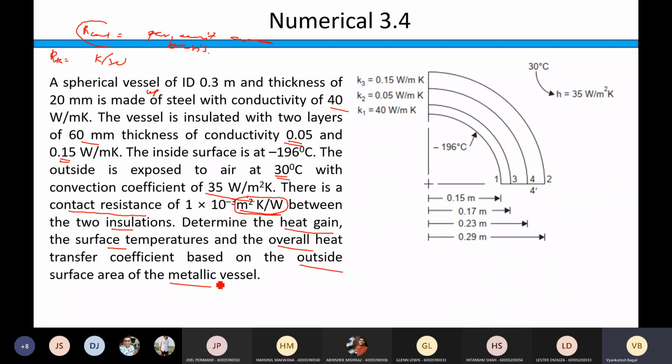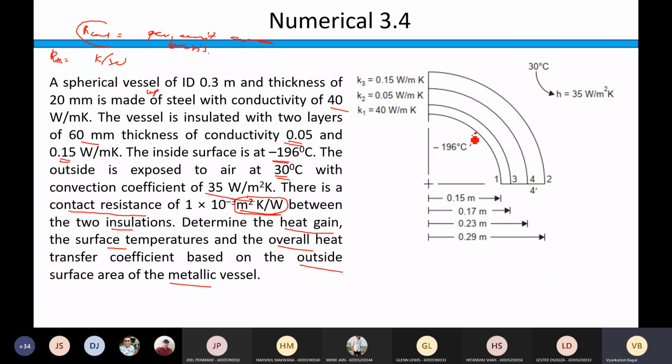So try to draw the diagram like this. I'm just showing the radius and nothing else. This is a hollow sphere. This is your innermost layer, where the innermost surface is at a temperature of minus 196 degrees C. So there must be some cryogenic fluid inside this sphere, right?